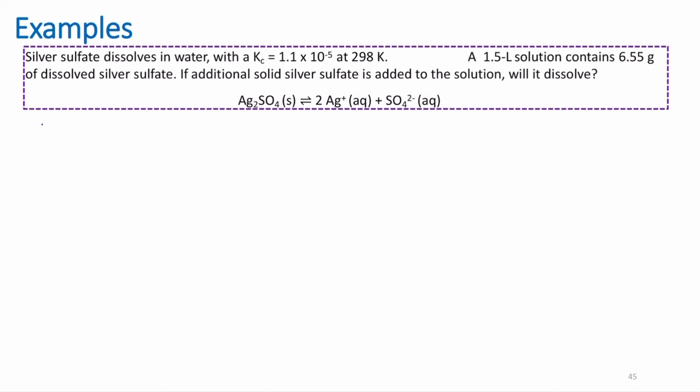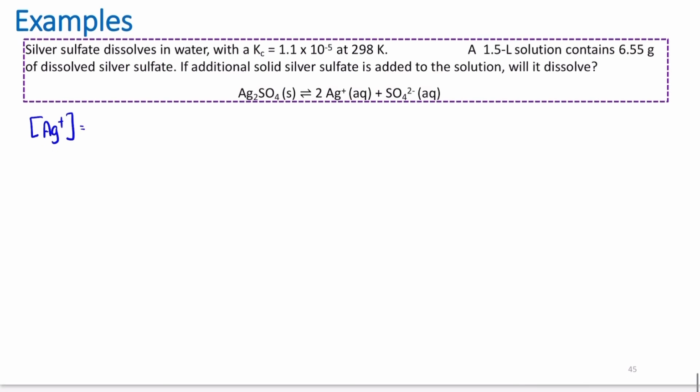So how much silver ion do I have? I've got 6.55 grams of Ag2SO4. Convert that to moles. Silver sulfate has a molar mass of 311.80 grams.